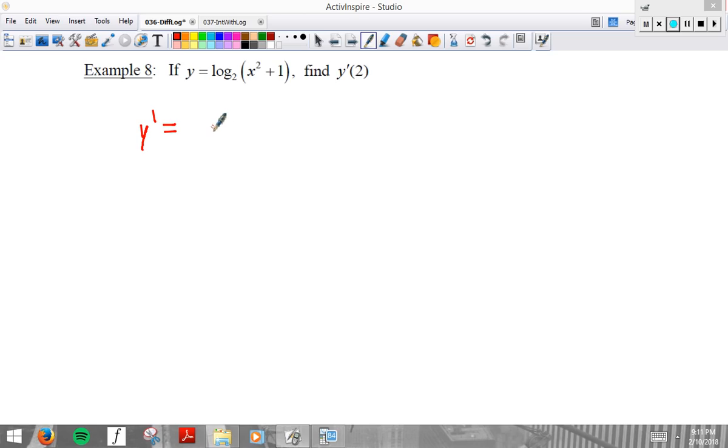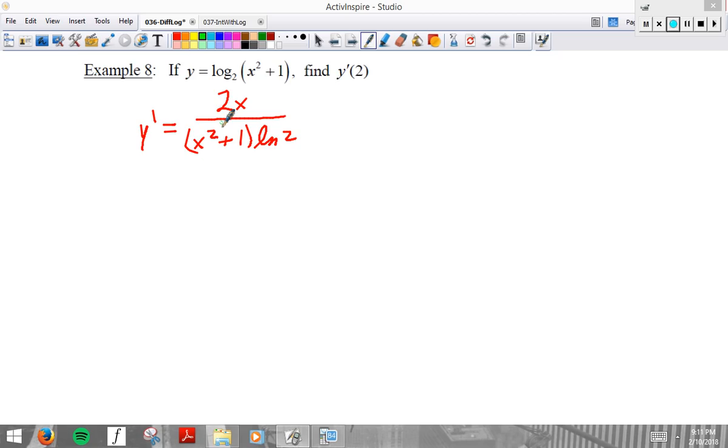Sorry. So we're going to use the change of base formula. You could use the change of base formula, or you could just do the rule. Same. Natural log 2 on the bottom by the rule, and then 2x. I kept the inside the same, times the derivative of the inside, over natural log of the base.